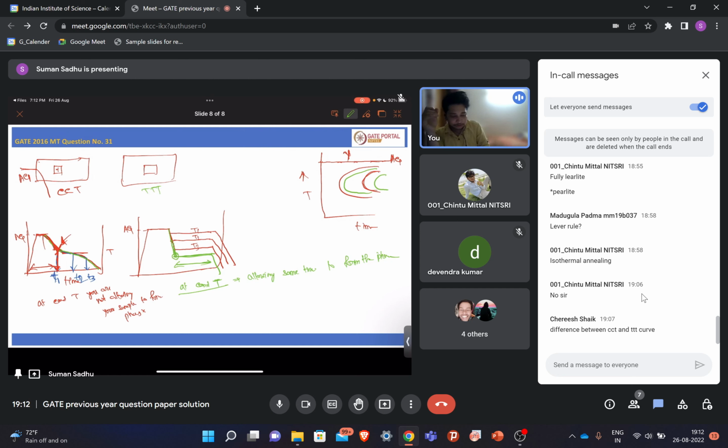In TTT you are giving it some time to form the phase. Here you are not giving that time, you are continuously decreasing the temperature and at a certain time you quench it and check what fraction is transformed. That is why your CCT curve will be a bit to the right of the TTT curve. Understood?